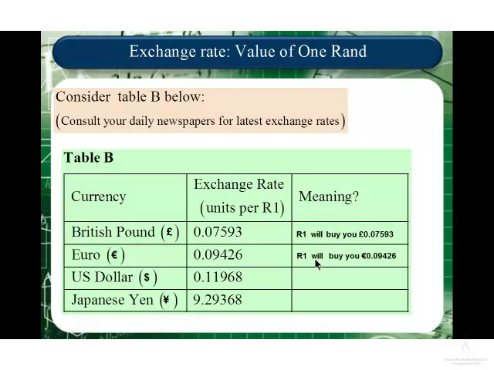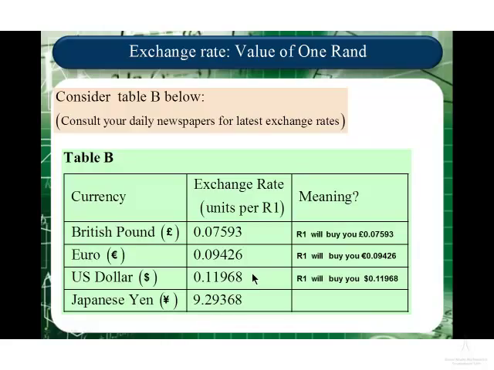1 rand will buy us 0.09426 euros, and in the case of the American dollar, 1 rand will buy us 0.11968 US dollars. So in the first 3 cases then, it is exactly equivalent to what we had on the previous slide.